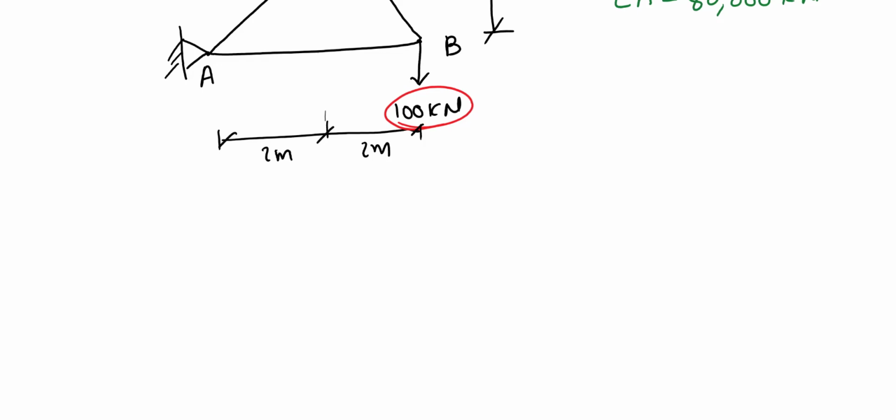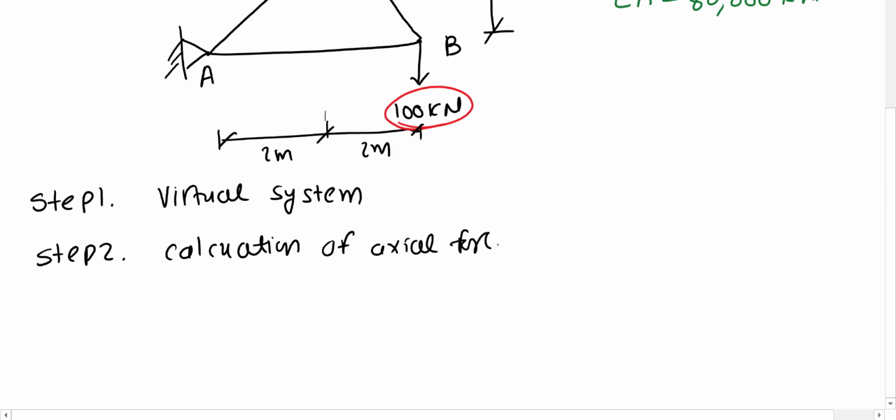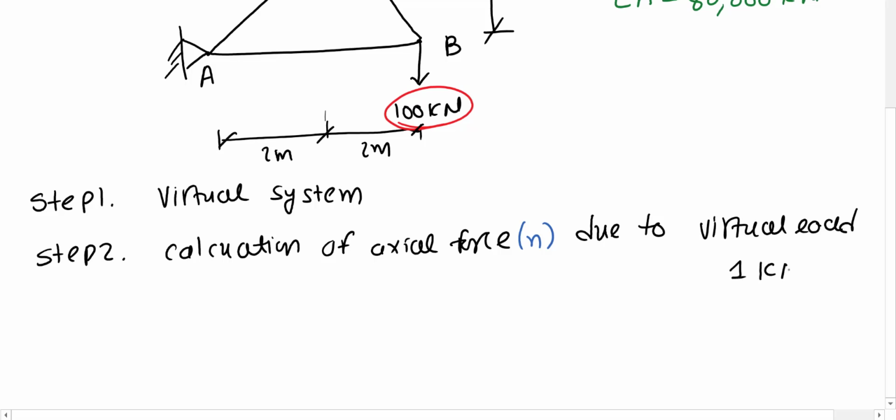Now we're going to solve this example in 4 steps. Step number 1, we use the virtual system. Let's say we apply the virtual load. Second step, we're going to do the calculations of axial force, let's say small m, due to virtual load 1 kilonewton.